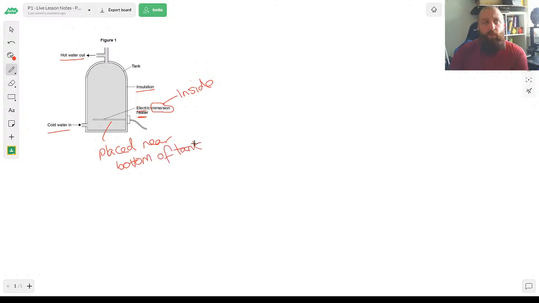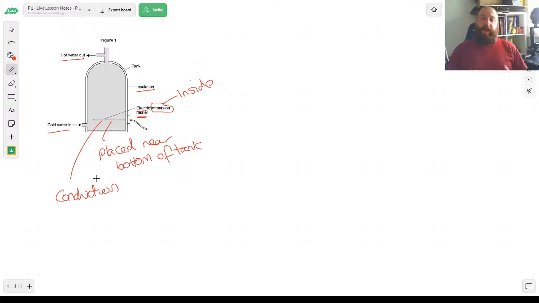If you think about what we were talking about last time, we should be able to start working out why those design features have been put in the way they have. The immersion heater itself will literally be a high resistance piece of metal. The electrical current is going to go in and cause that metal to heat up, so we're going to have conduction happening in that metal.